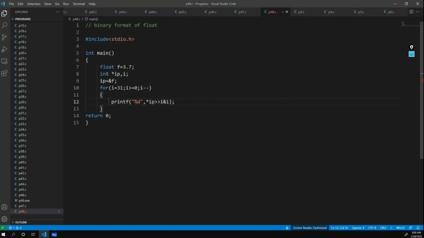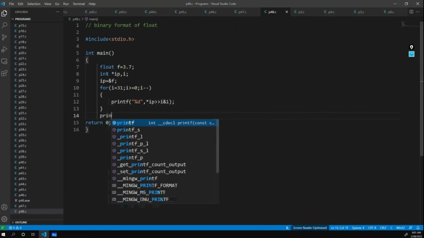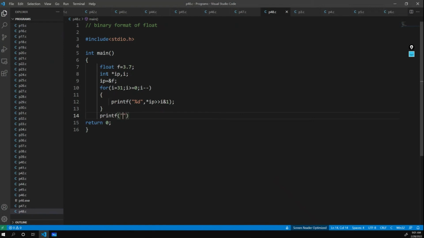It will print the binary. Then after printf, slash n. This is the same program we did in the normal variable case, but here we are using a pointer. So star ip is my number, right shifted by position i and with 1. So I will get whether that particular bit is set or clear.